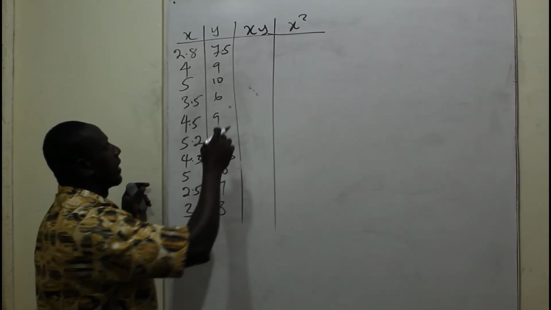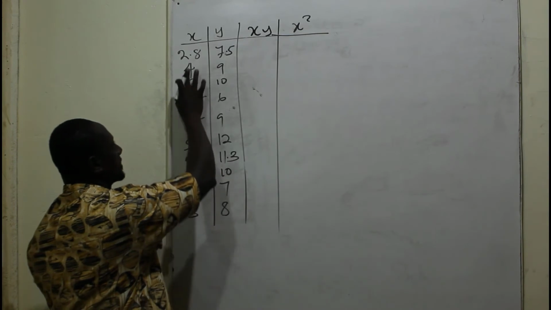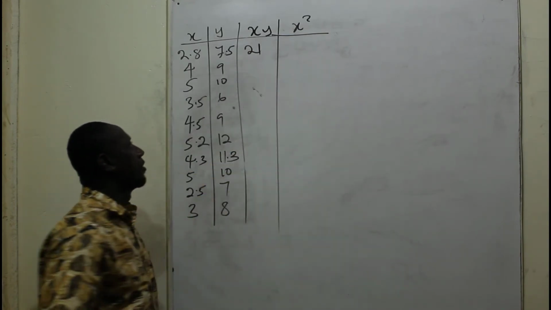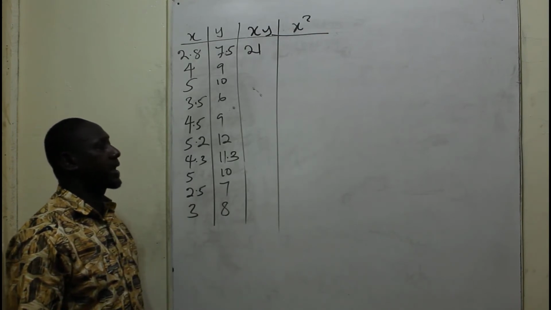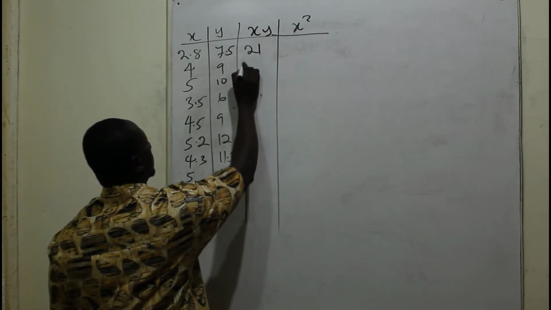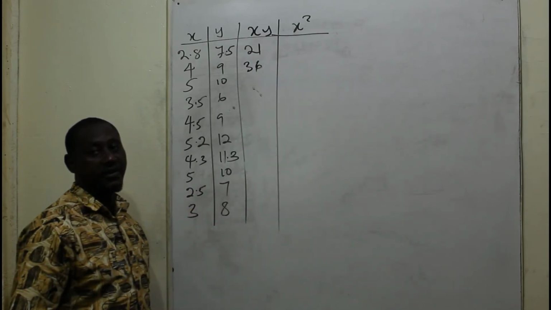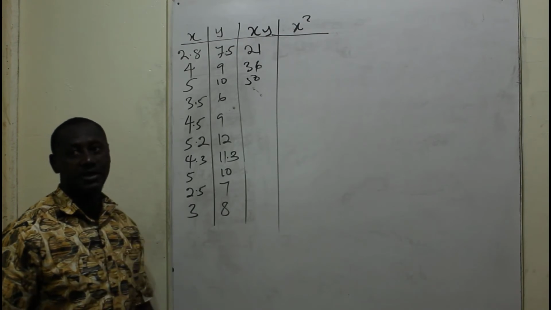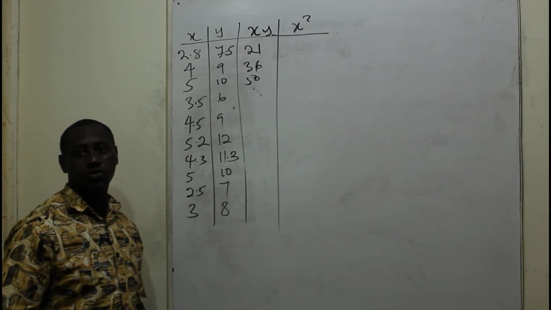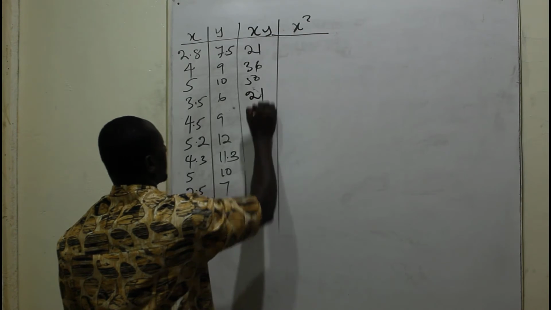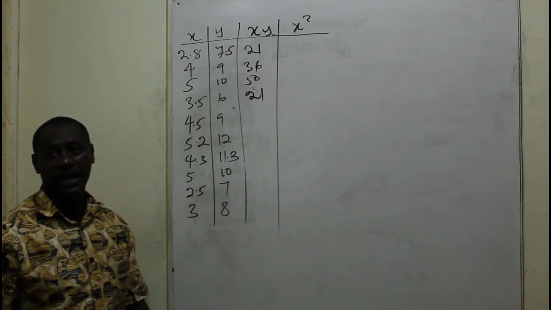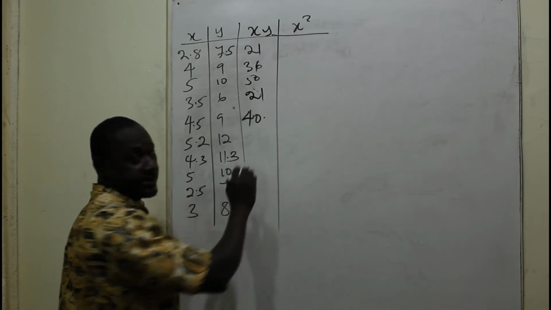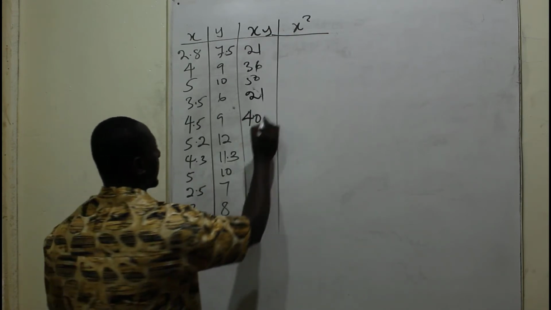Let's find xy first. That is 2.8 times 7.5, and that gives you 21. 4 times 9 is equal to 36. Then 5 times 10 is 50. Then 3.5 times 6 is equal to 21. And then 4.5 times 9 is equal to 40.5.